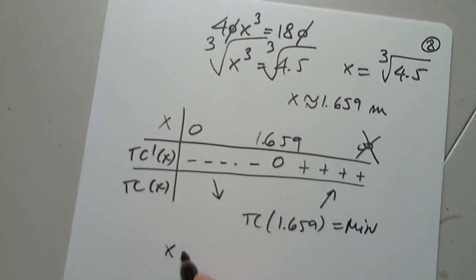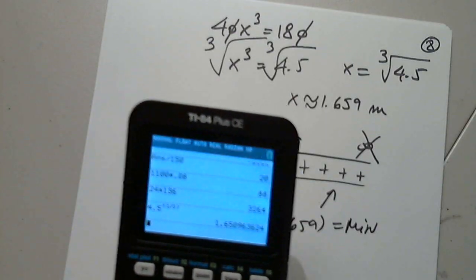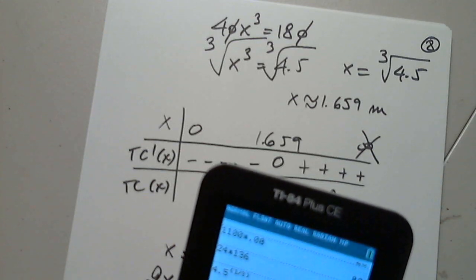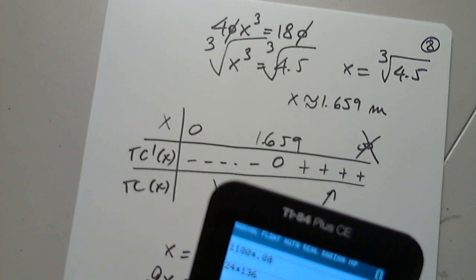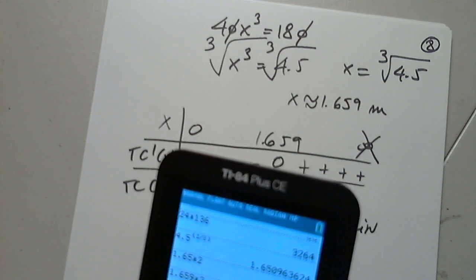So if x, and we'll determine that in a minute, is 1.659, 2x is, lazy people, 1.659 multiplied by 2. I meant to write 1.659. That's 3.318.